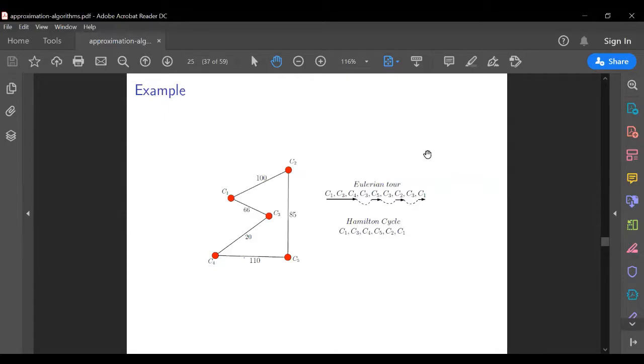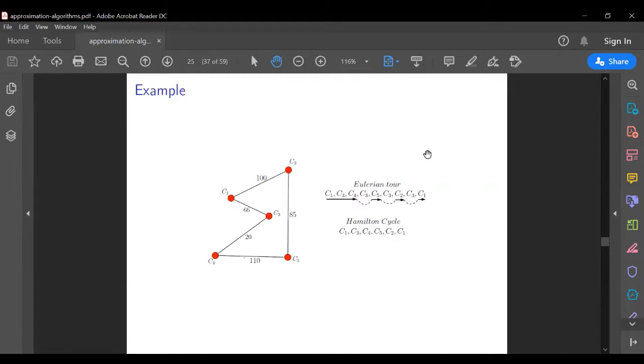You have followed how we have given the solution? What did we do? Tell me. First step, find the minimum cost spanning tree. Yes, good. Second step, double the edges. Third step, find the Eulerian cycle.